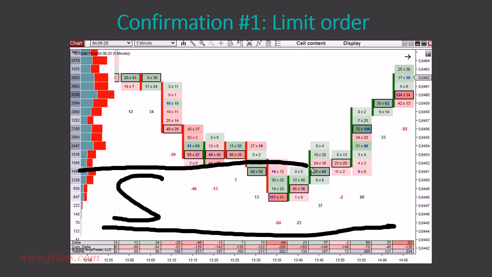All right, so you want to see a big number appear on the bid side of the footprint, because that means a buying limit order. 117, in this case, if you compare it to the rest, it is a big number, so most likely this is a pending buy order of some big trading institution. As soon as you see that, you go long.